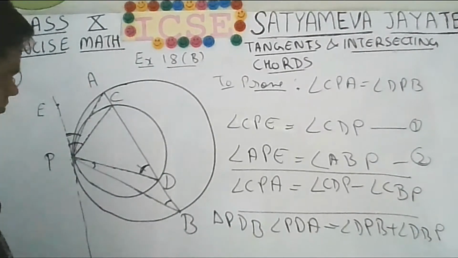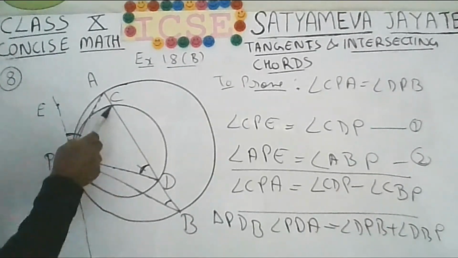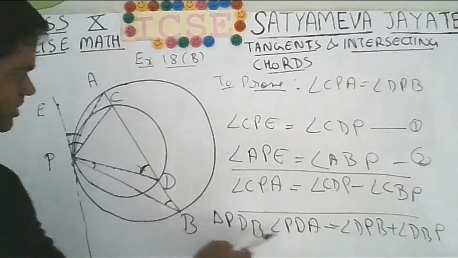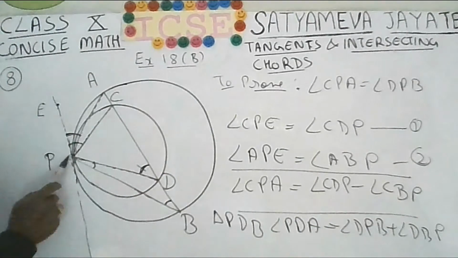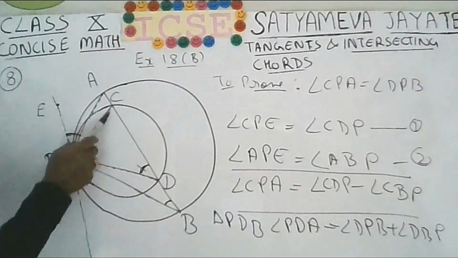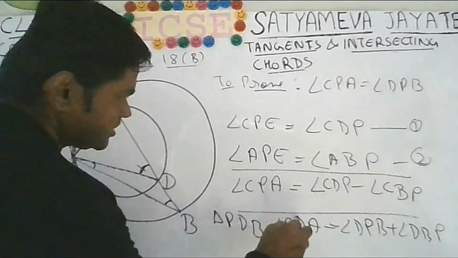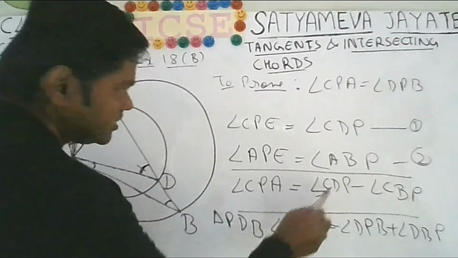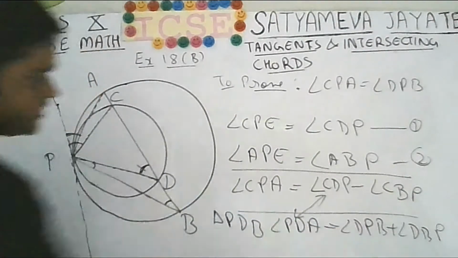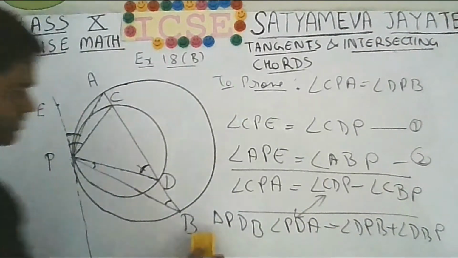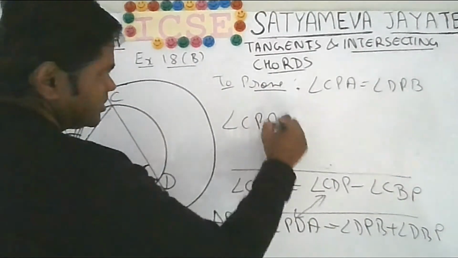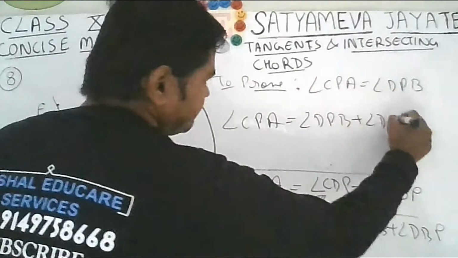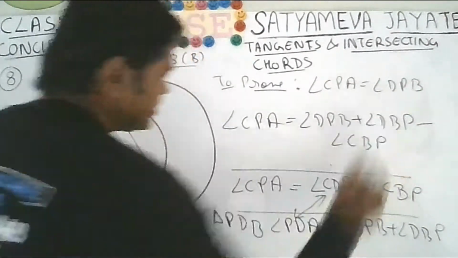So now, instead of angle CDP in this equation, CDP is the same as your PDA. These two angles are the same, isn't it? PDA or PDC is the same as CDP. So here, instead of CDP, you can write DPB plus DBP. If you do it, you will get the following.